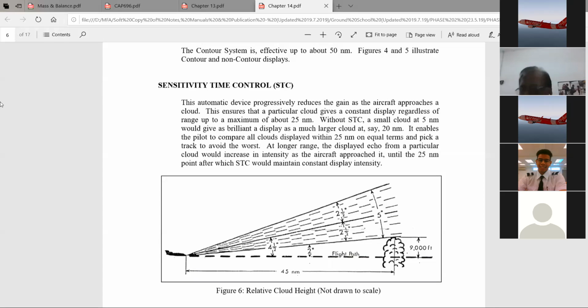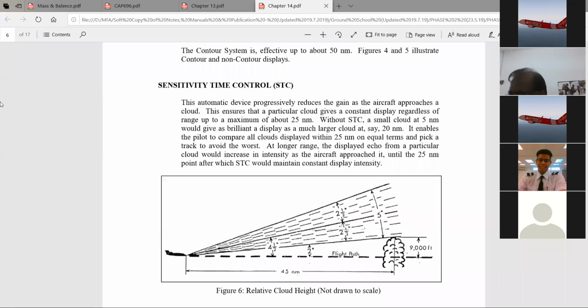Okay, note down: tilt plus 4 degrees, beam width 6 degrees, range 100 nautical miles, flight level 250.